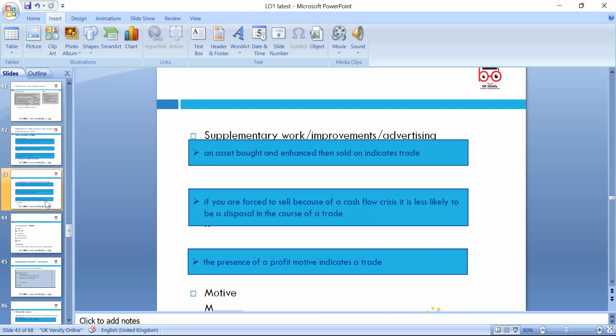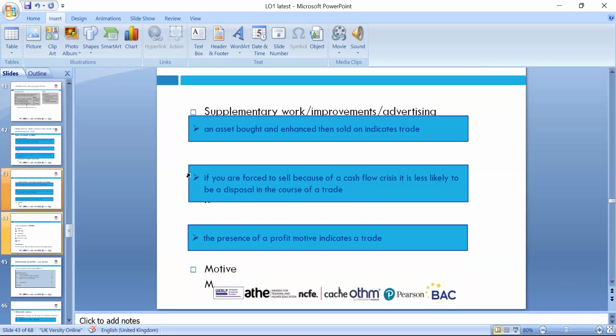Supplementary work, improvement, advertising, and an asset bought, enhanced and sold indicates trade. If forced to sell because of a cash flow crisis, then we need to treat it as a disposal and measure the motive, the profit motive. So what was the motive behind it, we need to look around these.